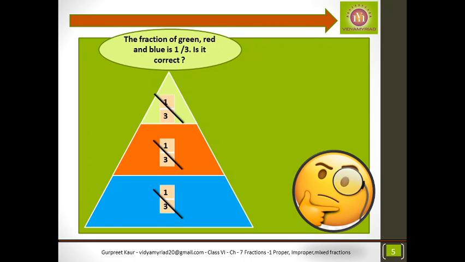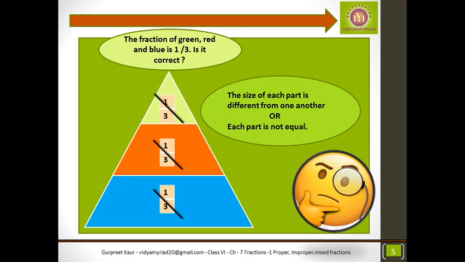The reason is that for a fraction there should be equal parts, but these are not equal parts. The size is totally different. So writing 1 by 3 for each part is totally wrong. Each part is not equal; they are different from one another. If they had been the same size, only then it would have been correct. Otherwise, this is wrong.